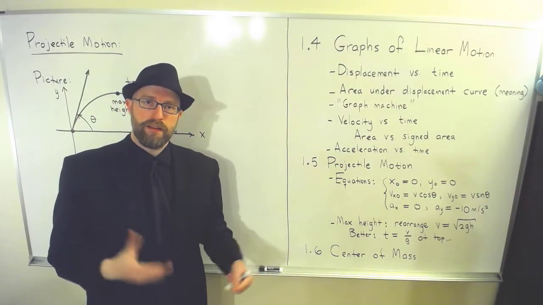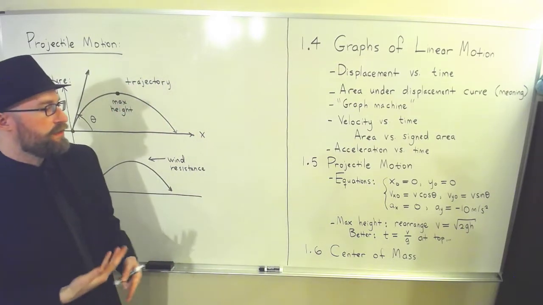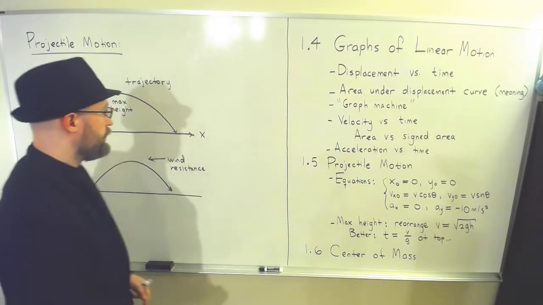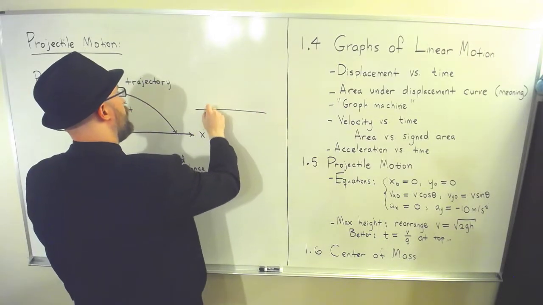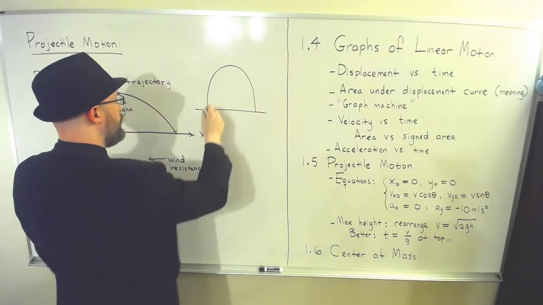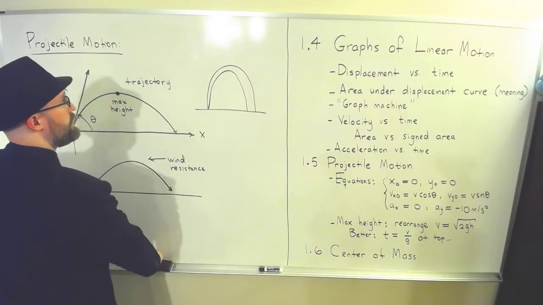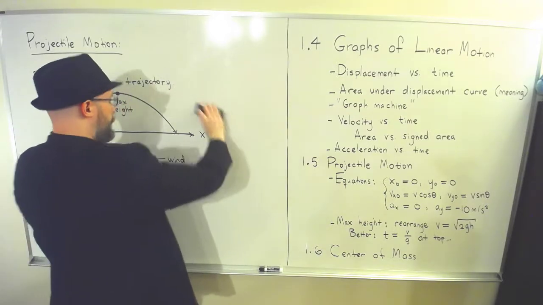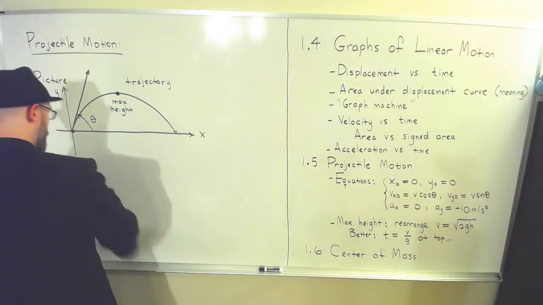It's much lighter, and so the force of wind resistance, or drag, as you could call it, is much more significant in this case. The book has a little picture in it. I forget what page it's on, but it shows what the trajectory would be, and then what the trajectory is when you add in wind resistance. But in this case, we're just ignoring that.